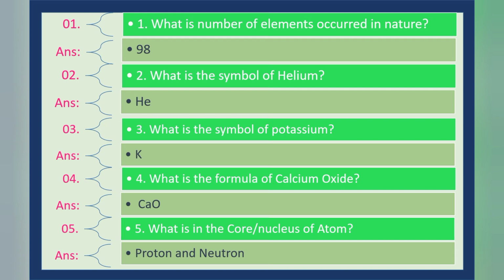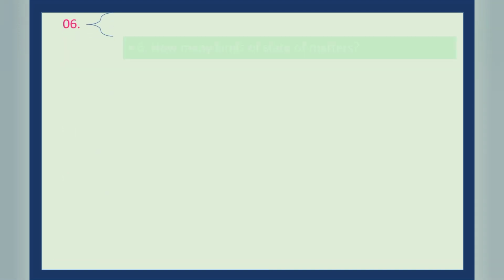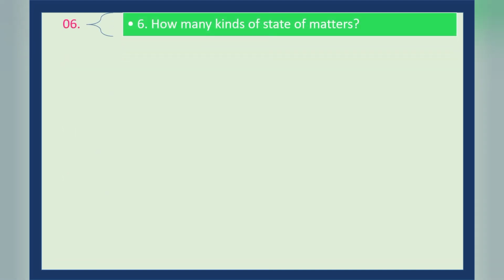So what is in the core or nucleus of an atom? Proton and neutron. Then, how many kinds of states of matter are there? There are only 3 kinds of states of matter, right?